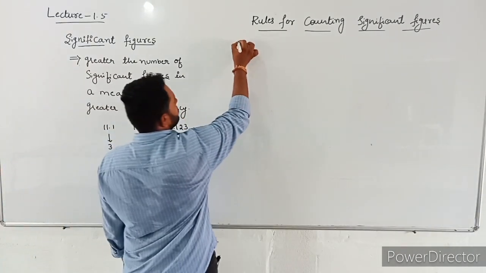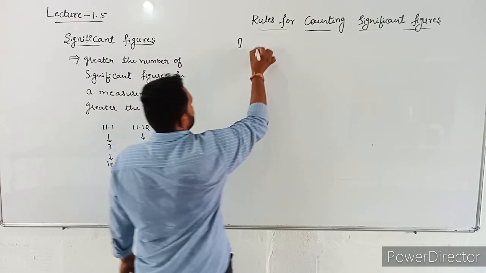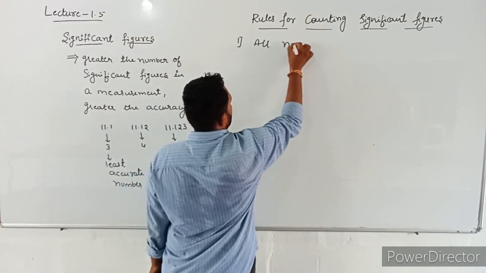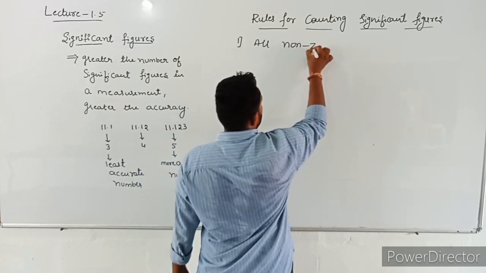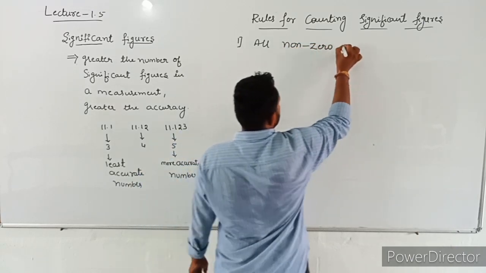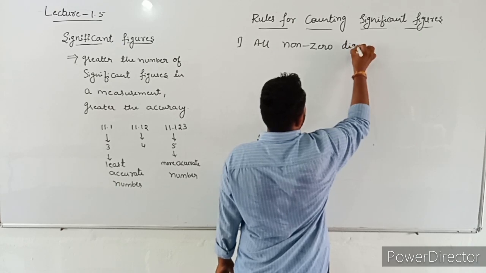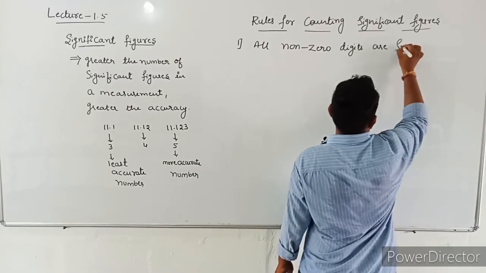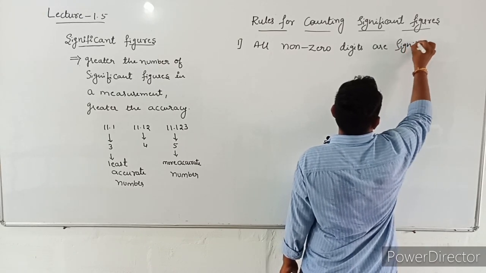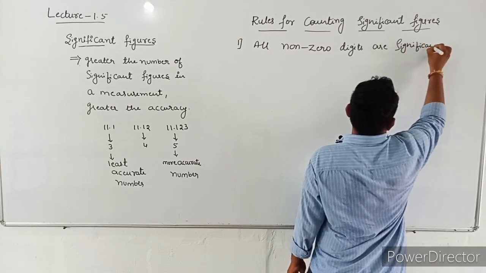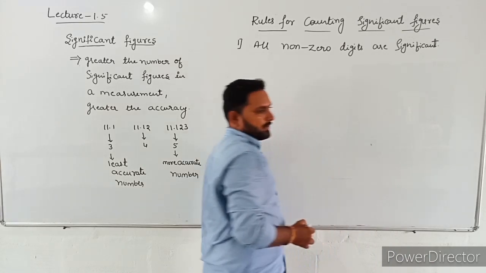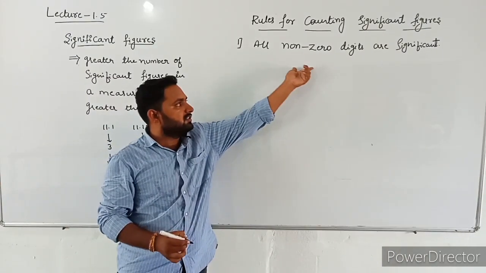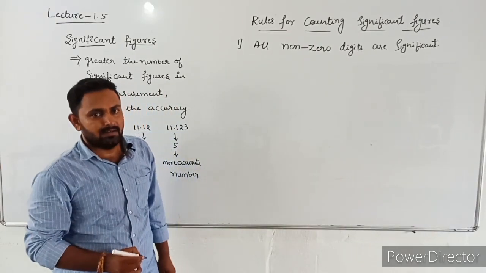The first rule: all non-zero digits are significant. It means we can count all non-zero digits as significant numbers.